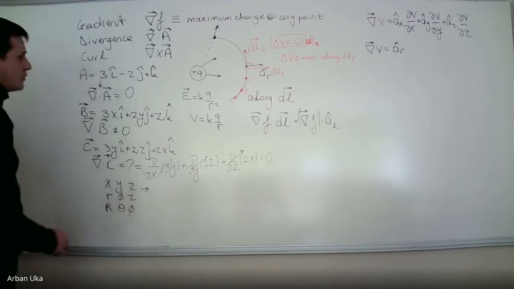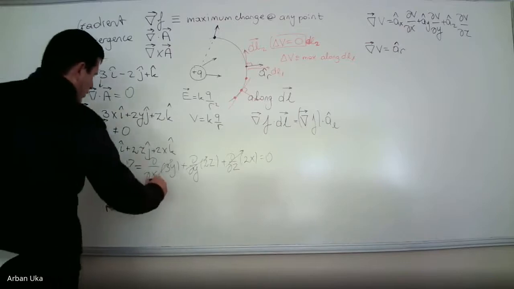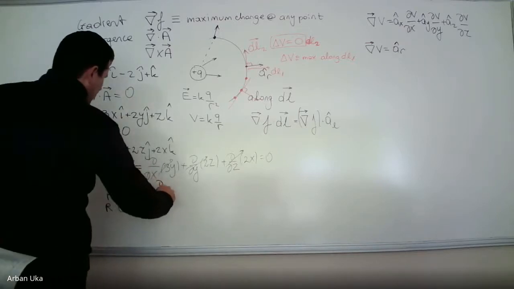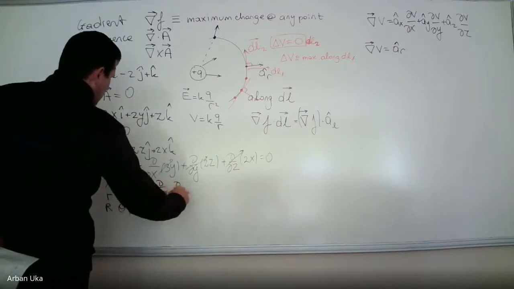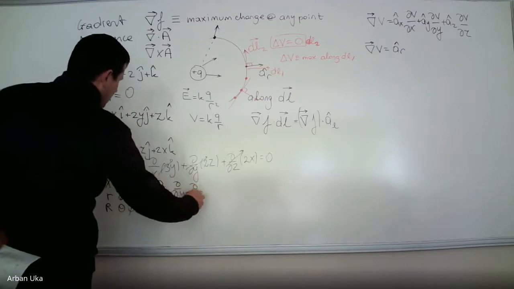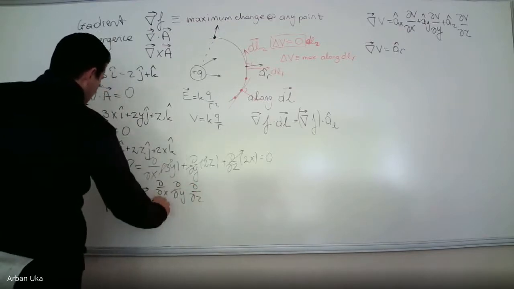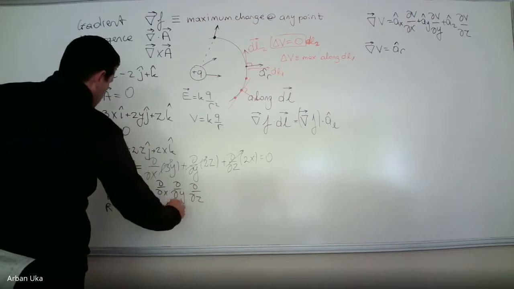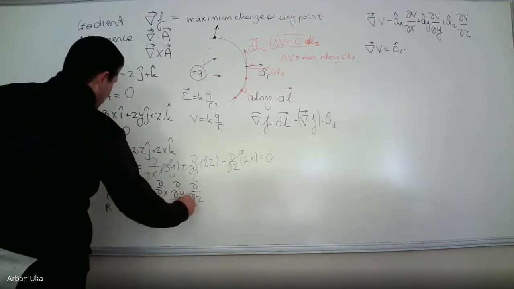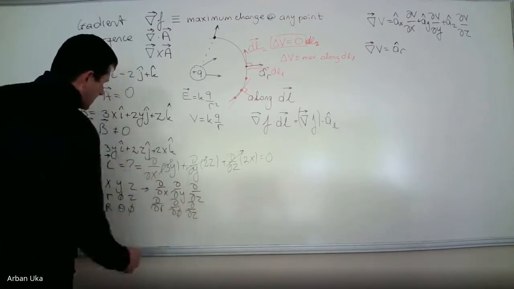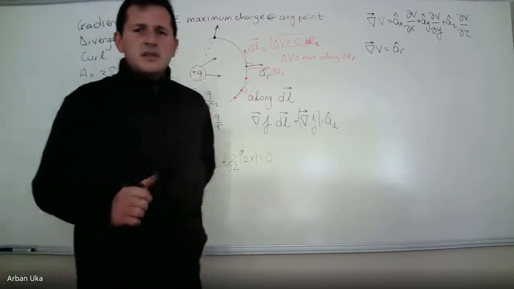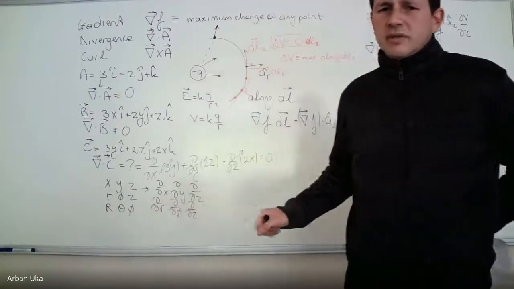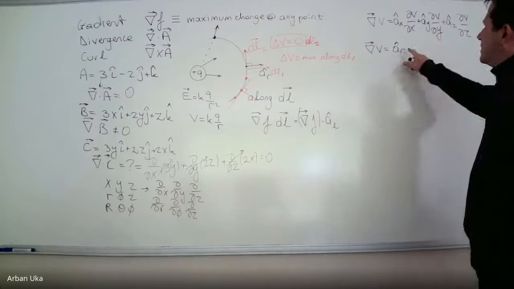Now, whenever we find the gradient or anything, we should always include here d over dx, d over dy, and d over dz. Here we have d over dr, d over d phi, and d over dz.